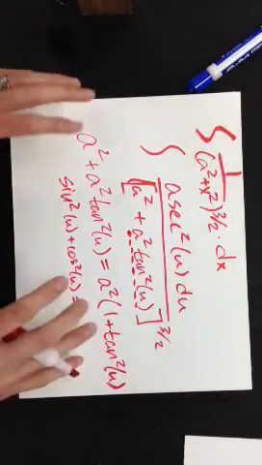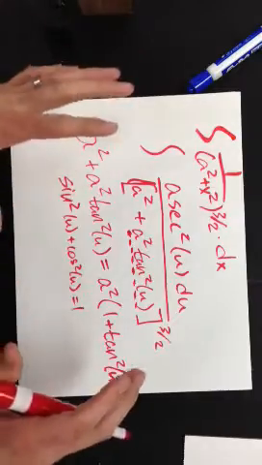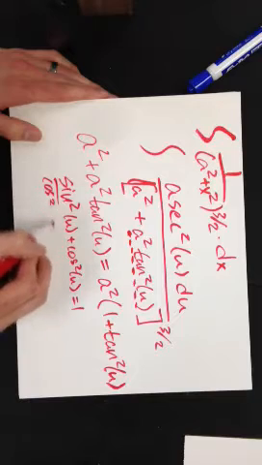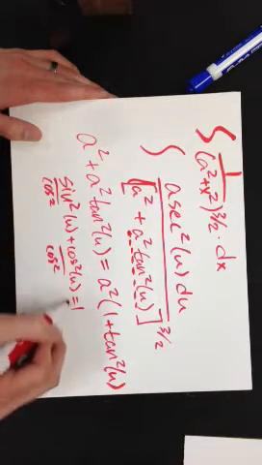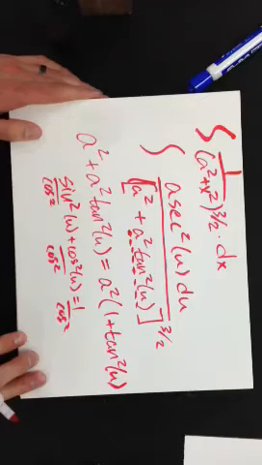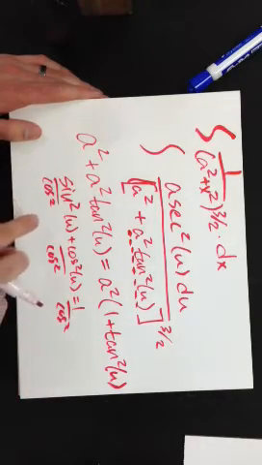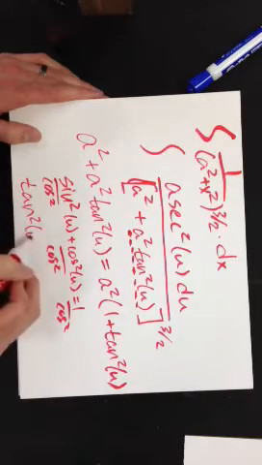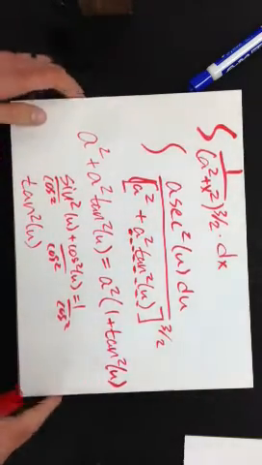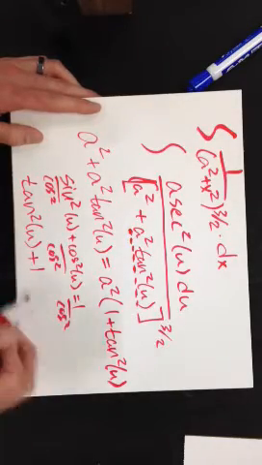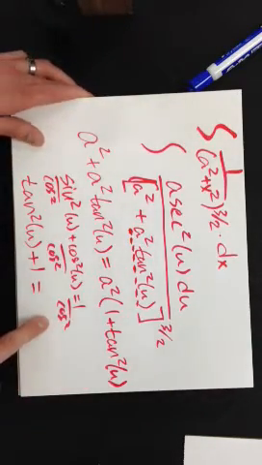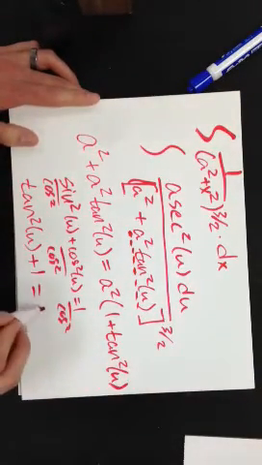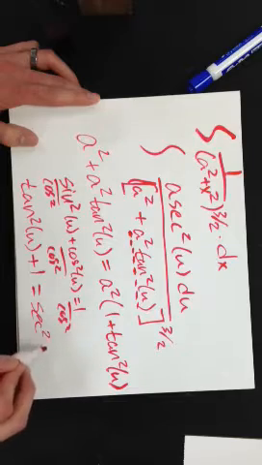Well, what if I divided both sides by cosine squared? Sine squared over cosine squared, that's tangent squared. Cosine squared over cosine squared is just 1. And then 1 over cosine squared, are you ready for this? 1 over cosine squared is secant squared.